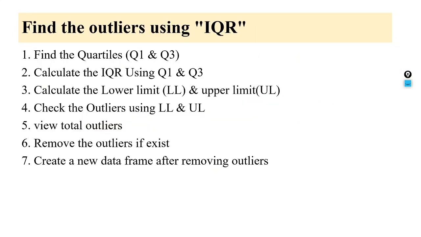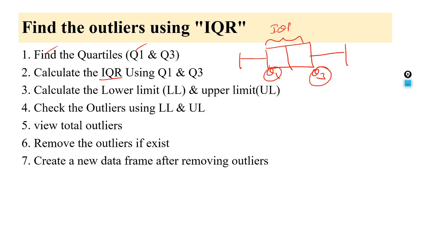Find the outliers using the IQR, the interquartile range. These are the steps. First we have to find the quartiles, quartile 1 and quartile 3. In the box plot, this is Q1 and Q3. The first step is to identify Q1 and Q3, and the next step is to calculate the IQR. IQR means Q3 minus Q1.